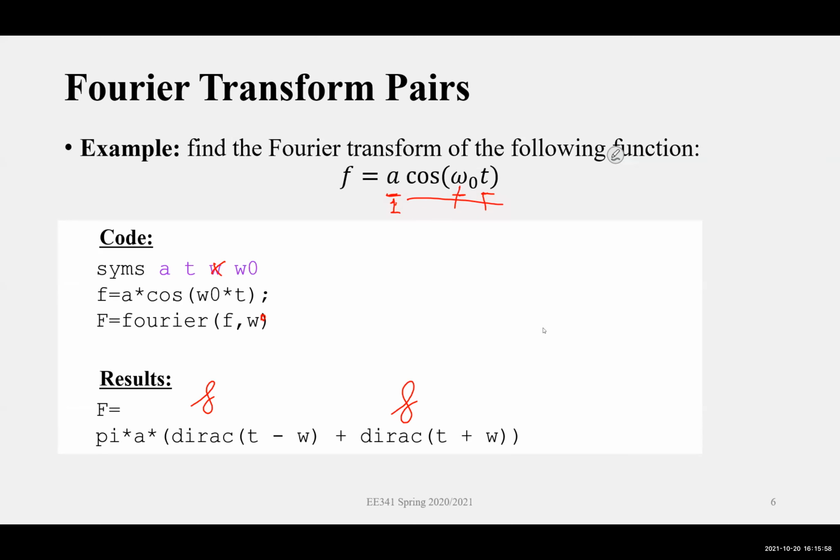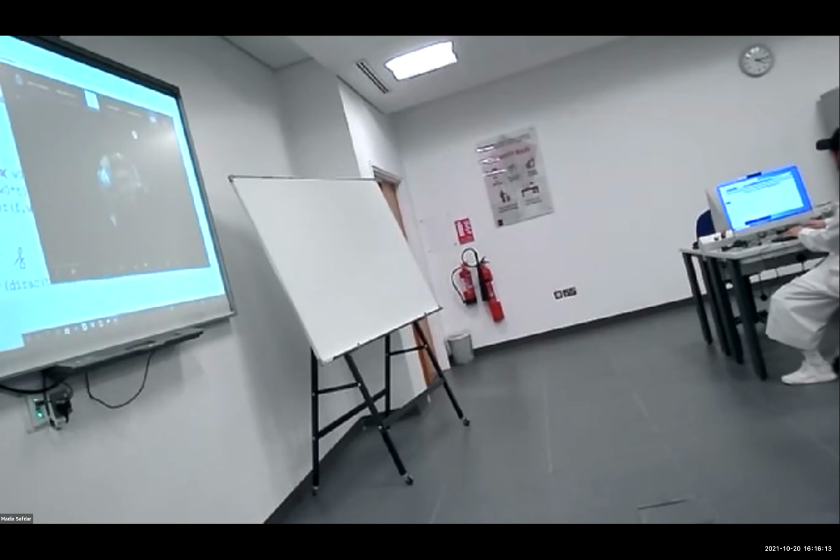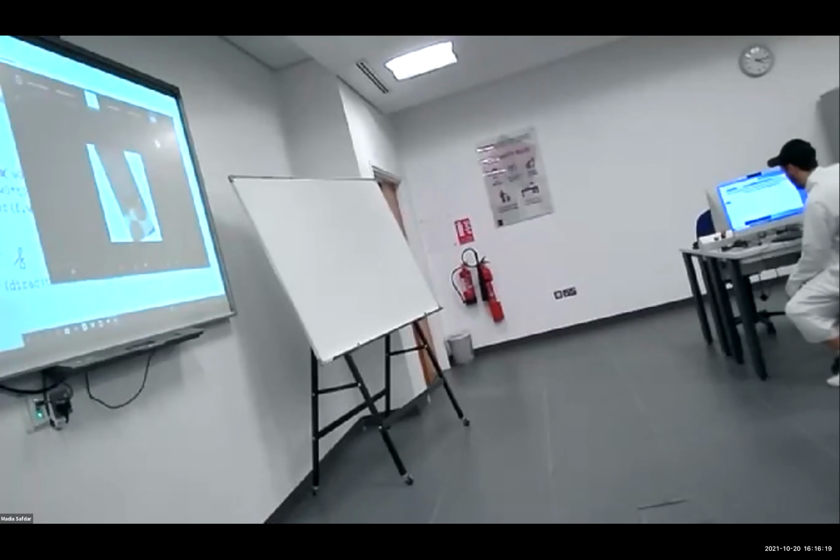Miss, can I share? I have an error. Okay, share with me. Miss, if we just write the code and run it, there is a solution. Yes, you will get the Fourier transform equation. No error? I have an error too. Tell me what is the error? Zainab?